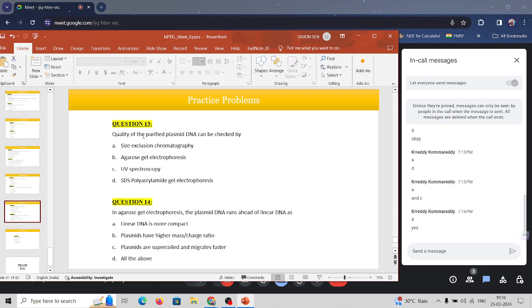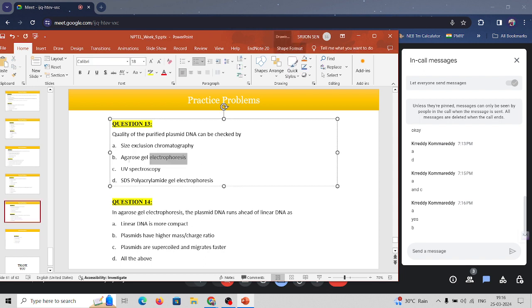So quality of the purified plasmid DNA can be checked. So how can you check the quality of the purified plasmid DNA? Is it size exclusion chromatography, agarose gel electrophoresis, UV spectroscopy, SDS PAGE, that is the SDS polyacrylamide gel electrophoresis. So how can you check the purity of the extracted plasmid DNA? Agarose gel electrophoresis is a very nice method of doing it.